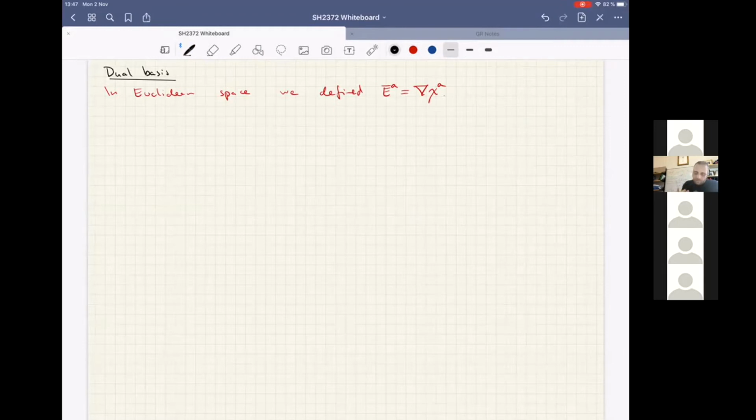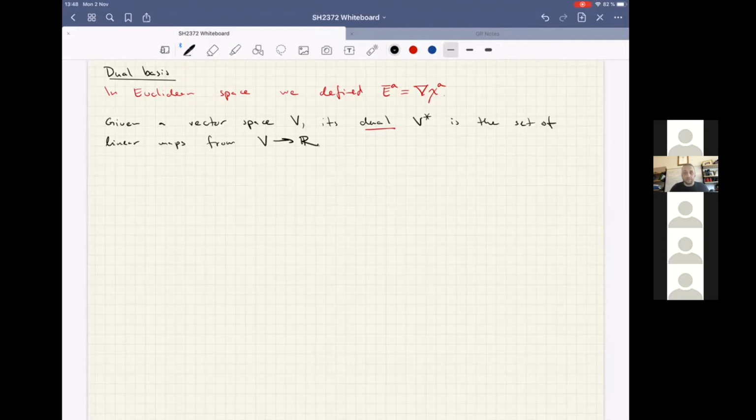So in general, if we have a vector space, so given a vector space V, we can define its dual. So its dual, and that is denoted by V star, that's the set of linear maps from V to real numbers.